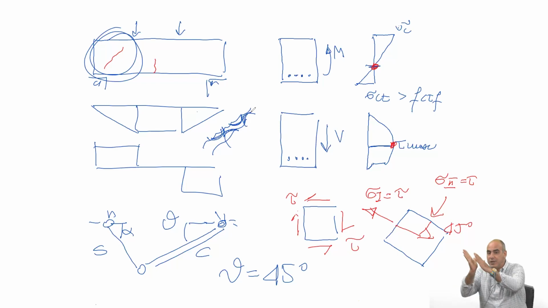When, because of shear, these rough faces of the crack tend to slide with respect to each other, the aggregates oppose the sliding. So there are forces which are exchanged along the cracked interfaces.